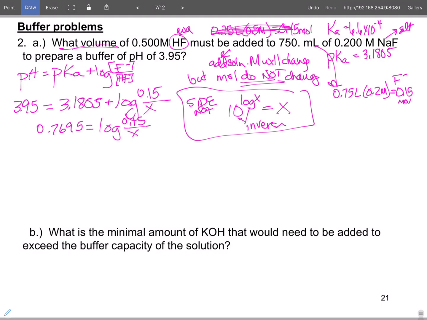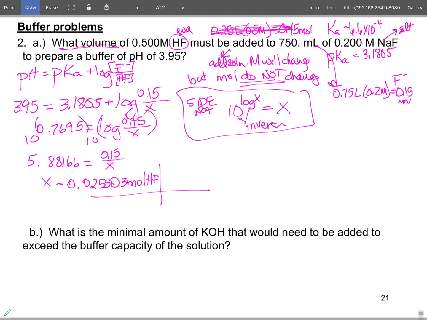So what we're going to do is raise both sides to the 10th power, and that gives us 5.88166 is equal to 0.15 divided by X. So X is equal to 0.025503 moles. And this is moles of HF. And we were looking for volume, so we know that there are 0.5 moles of HF per 1 liter.